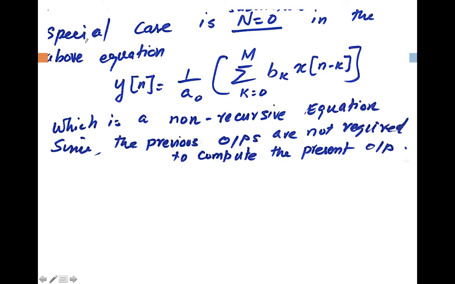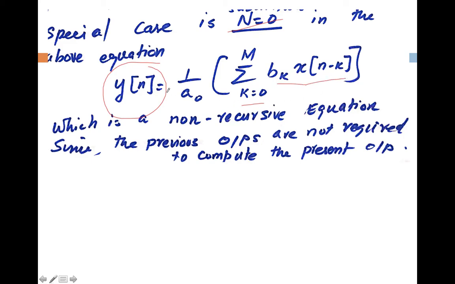We substitute the past outputs as 0 in the previous equation. You will get y of n equal to 1 by a naught into summation k equal to 0 to M b suffix k into x of n minus k.